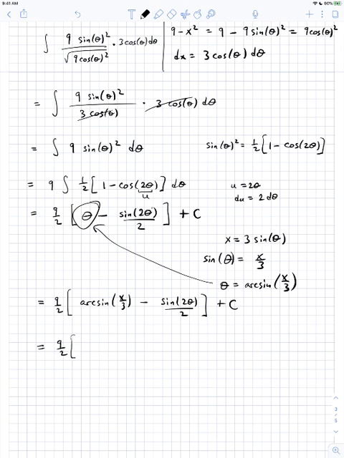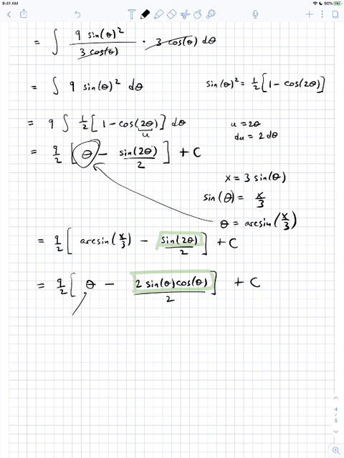So let me just rewrite this as theta again, minus, and I'm going to take this sine of 2 theta and write it as 2 times sine of theta times cosine of theta, and divide that by 2. So this 2 is that 2. The identity that I've used is that sine of 2 theta is equal to 2 times sine of theta cosine of theta. That's a half-angle identity because I went from 2 theta to 1 theta. And now we just have a plus c.